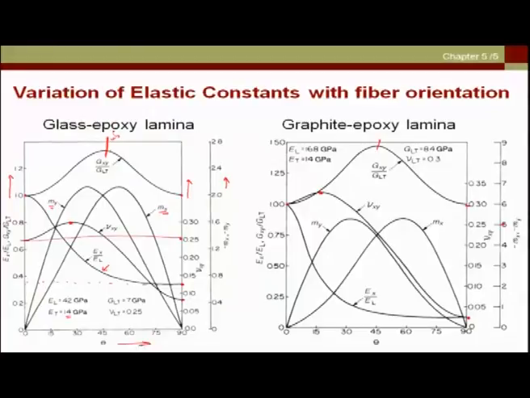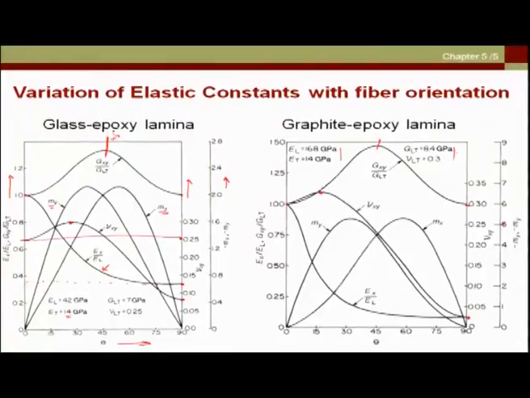Now this is again dependent on actual material properties. For different glass epoxy lamina, these values may vary, but the point is that the maximum of nu xy need not be at 0 or 90.